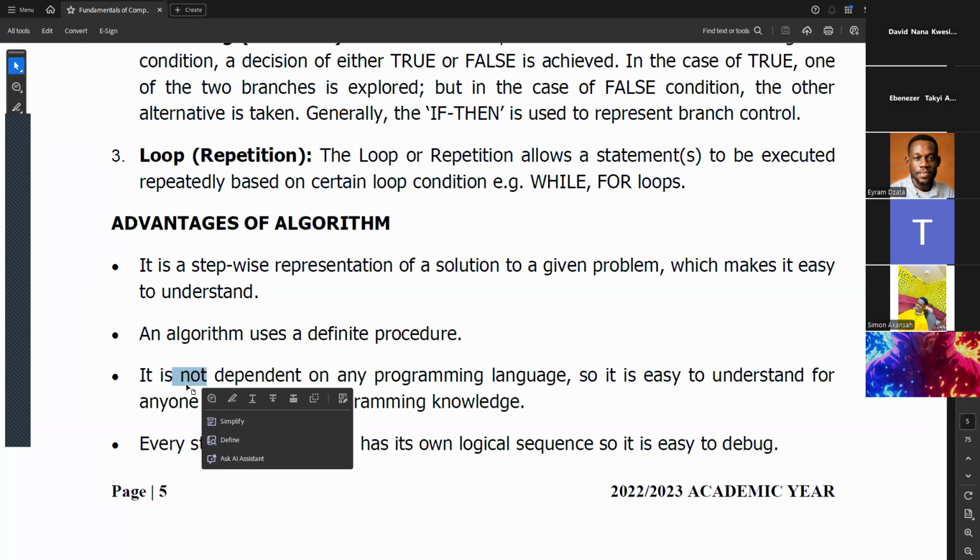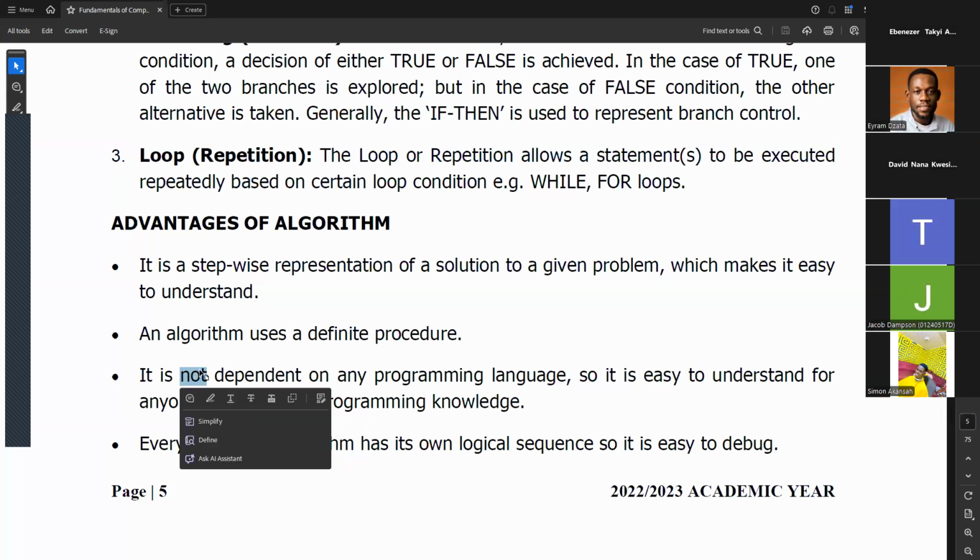But does a programming language need the algorithm to function? Something like a programming language like QBasic.